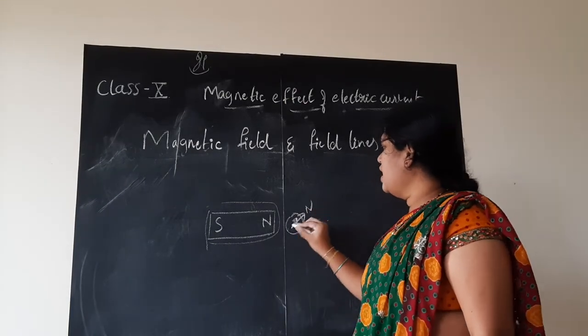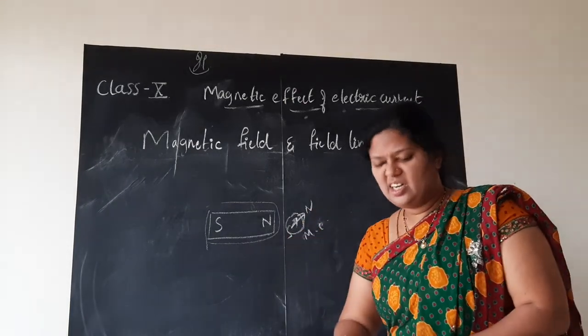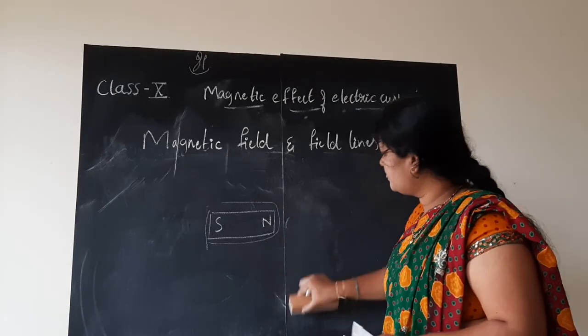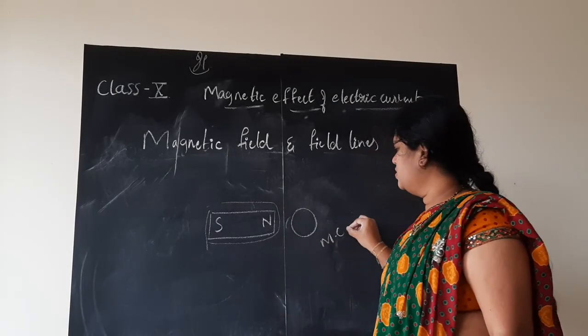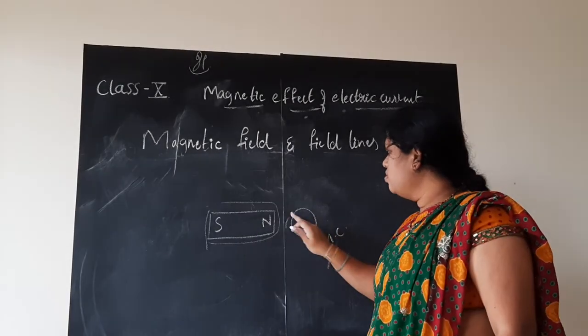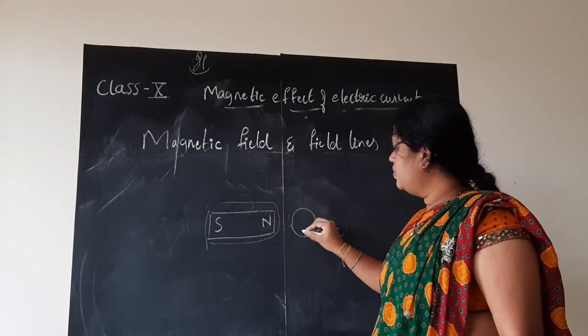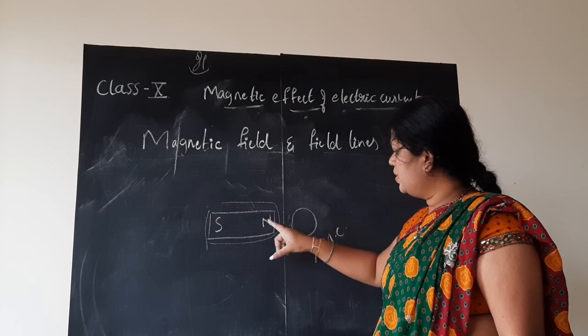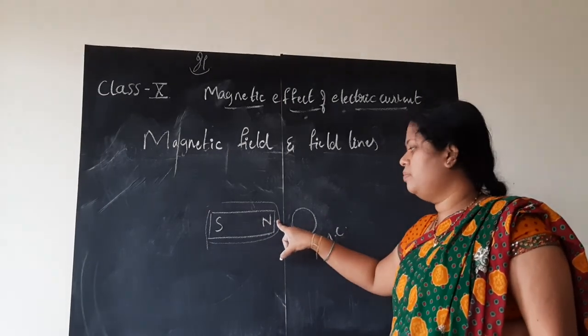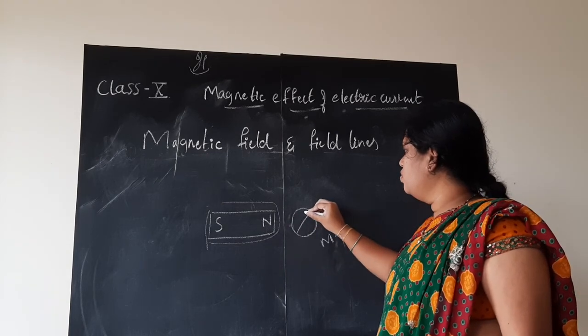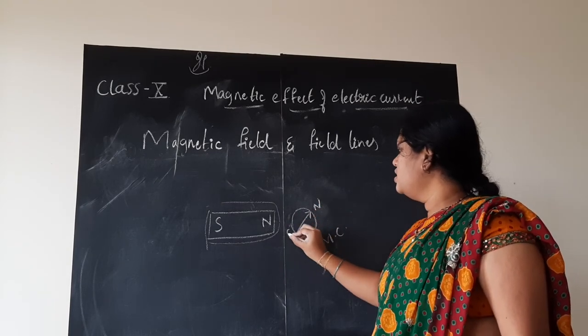Let me draw it neatly. This is the magnetic compass, MC in short form. Any magnetic compass will show north, but I am placing the magnetic compass near the north pole of the magnet, so the magnetic north will move away. This is north, this is south.